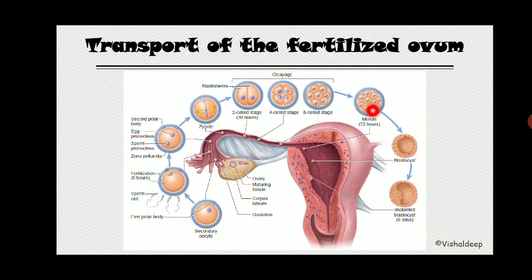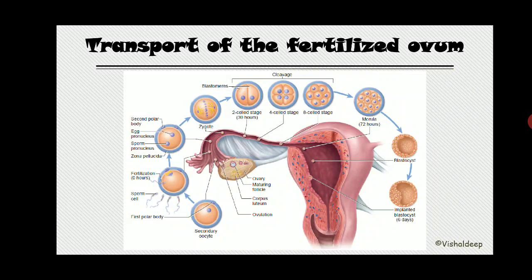Once the 16 cell stage appears, after about 3 days, during day number 4 and day number 5, this morula will develop a fluid cavity inside it. Once the fluid cavity appears, the morula is known as the blastocyst or blastocele. Got it?